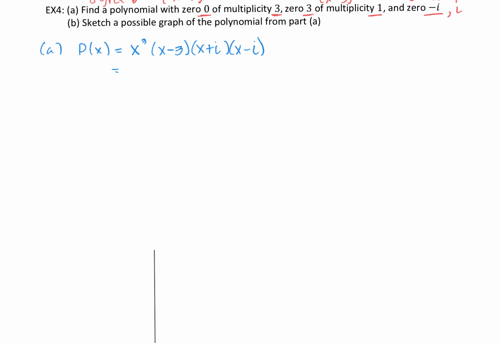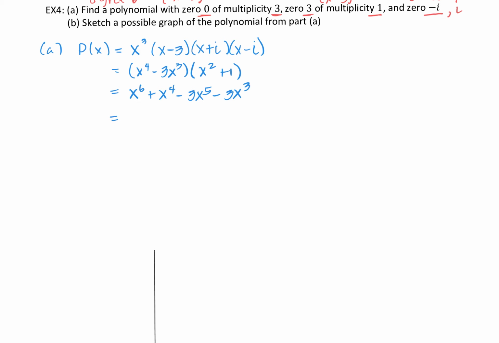And in fact, I'm going to distribute the x to the third to get x to the fourth minus 3x to the third. And then when I multiply the x plus i, x minus i, it's going to be x squared minus an i squared, which will turn into a plus 1. And then distributing the x to the fourth, I get x to the 6th plus x to the 4th, then minus 3x to the 5th, minus 3x to the 3rd.